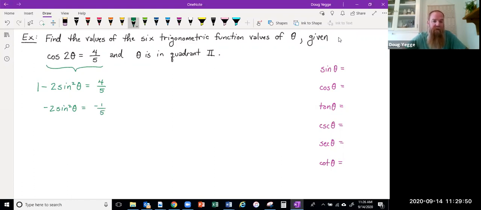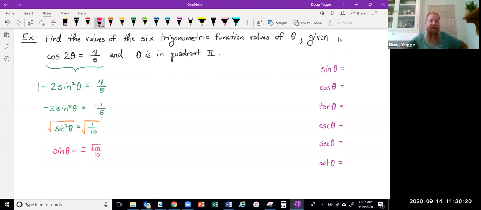If we divide by negative 2, sine squared theta is equal to positive 1/10. Now if I square root both sides, sine of theta is plus or minus the square root of 1 over the square root of 10, or root 10 over 10 by rationalizing the denominator.